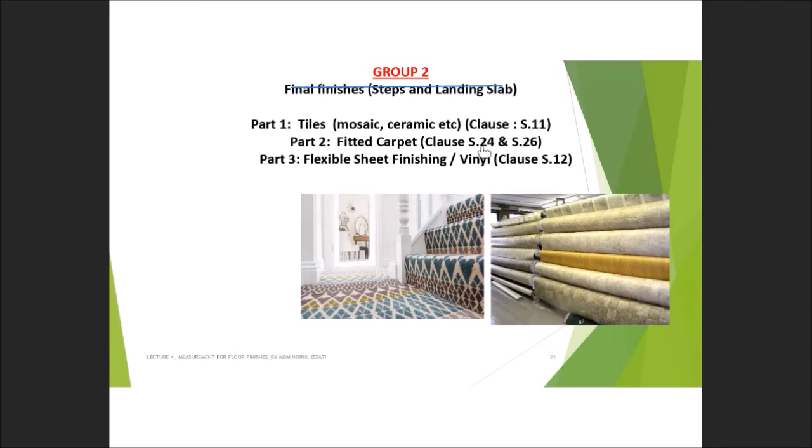This one you can refer to as point 24. And then the last one, this is also one of the common types of finishes, flexible sheet finishing, or vinyl, or sometimes you can see linoleum. This is the example for linoleum. In Bahasa Malaysia, some people call this one tikar getah, or some people call this rubber finishes.